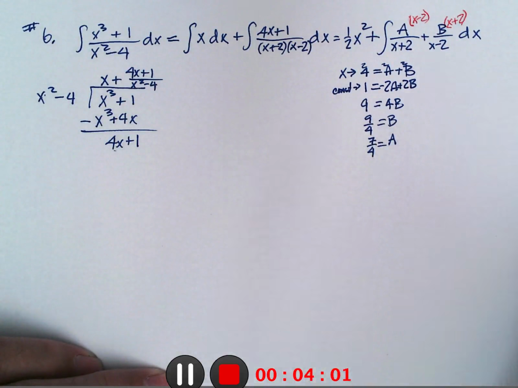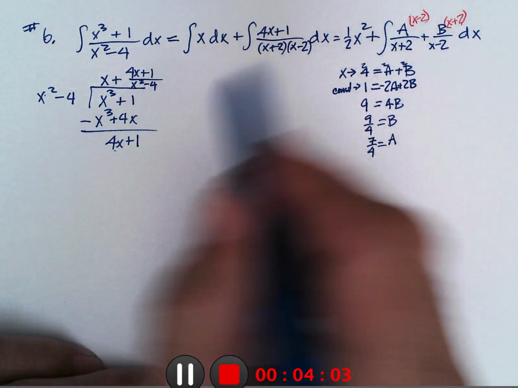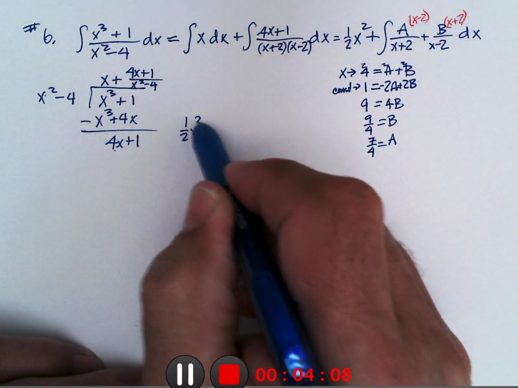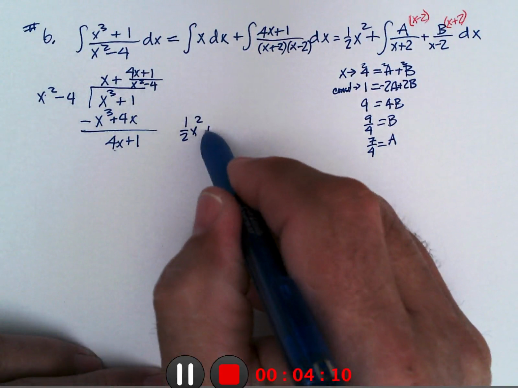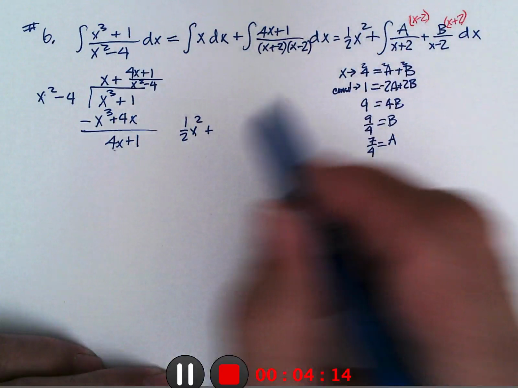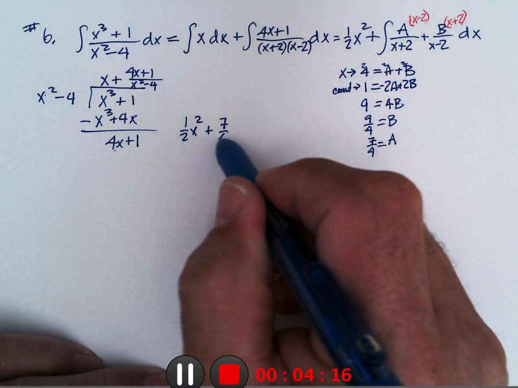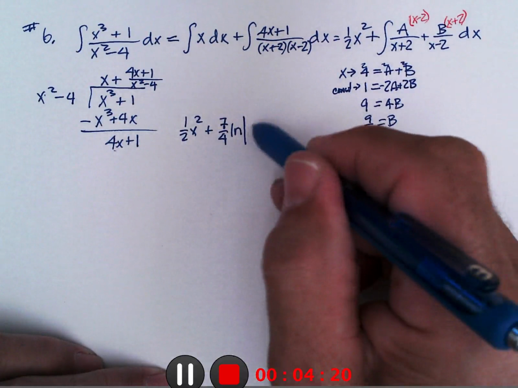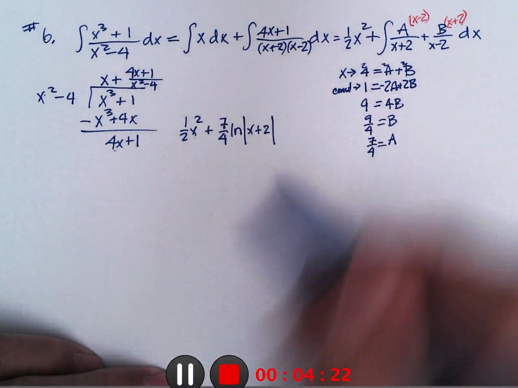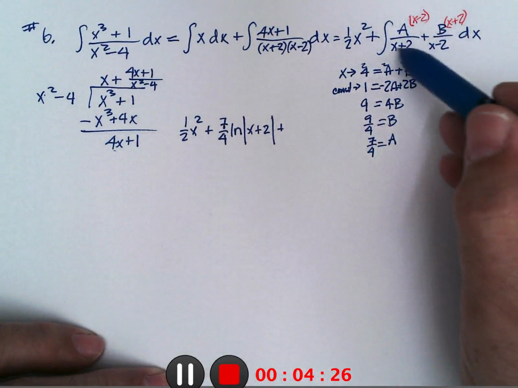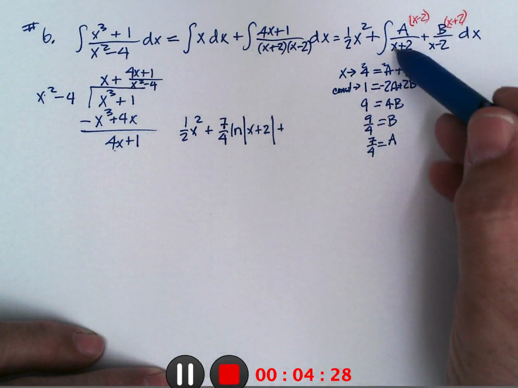So to finish this integration, we'd have 1/2 x squared plus a constant, 7 quarters that we pull out, times ln of x plus 2 plus, and to get this, if you're having trouble, you would let u equal x plus 2 and do the u-sub on this.